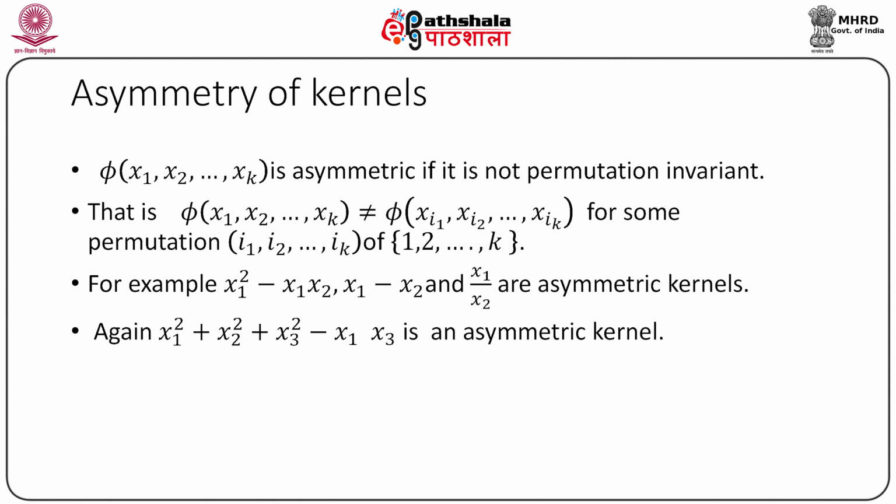It is interesting to observe that phi x1, x2, x3 and phi x3, x2, x1 are the same. But phi x1, x2, x3 is not the same as phi x3, x1, x2. Therefore, phi is not invariant to any permutation. Therefore, phi is an asymmetric kernel.